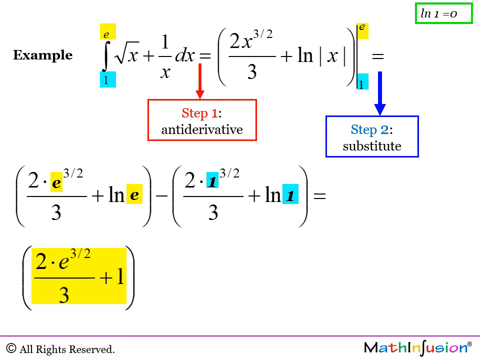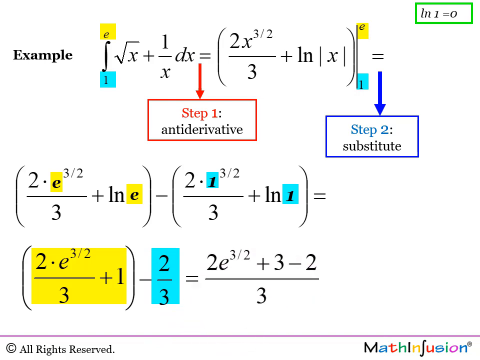So here is what we get from here, and then we get just 2/3 from the second one. And when we put everything together, we get this. And obviously 3 minus 2 is 1, so I'm getting this one.